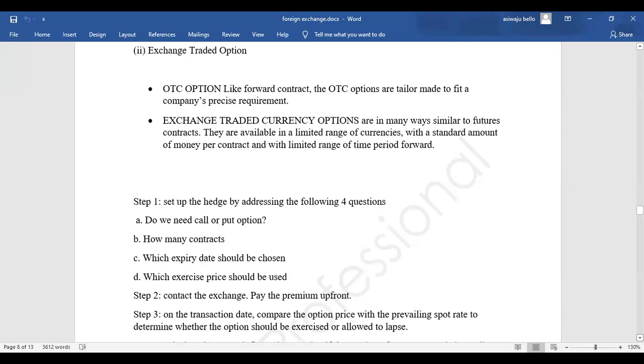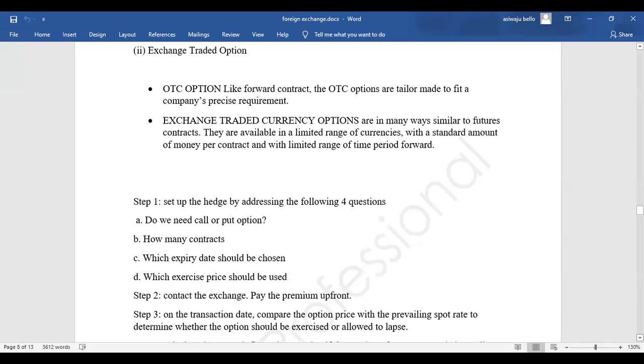Finally, the last step is that on the actual transaction date, you are going to compare the exercise price with the actual spot price. I will say that again.